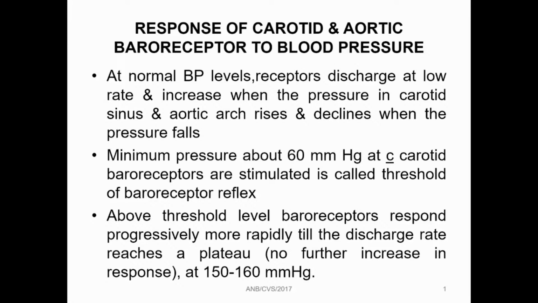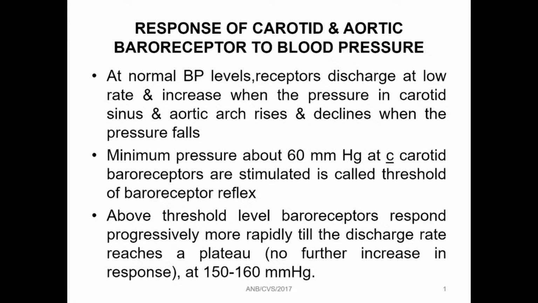Above the threshold level, suppose the pressure increases to more than 60 or 100 mm of mercury, the baroreceptor responds progressively more rapidly till the discharge rate reaches a plateau. There is no further increase in the response above 150 to 160 mm of mercury. What do you mean by that? Here the blood pressure is persistently increasing, and the baroreceptor will also be stimulated and fire progressively more rapidly, till the discharge rate reaches a plateau.